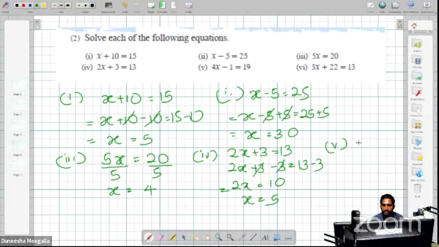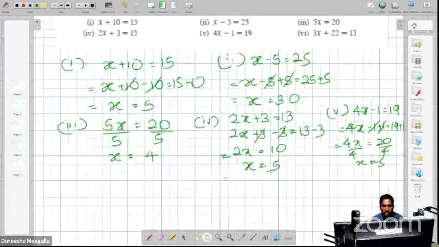Fifth one, 4x minus 1 equal to 19. 4x minus 1 plus 1, 19 plus 1. 4x equal to 20. Divide by 4. Sorry, 4. x equal to 5. Is that okay?